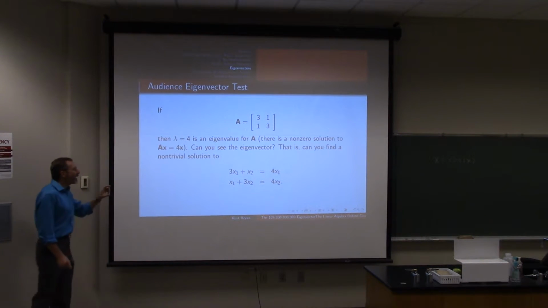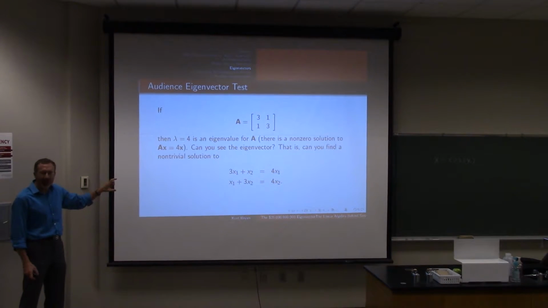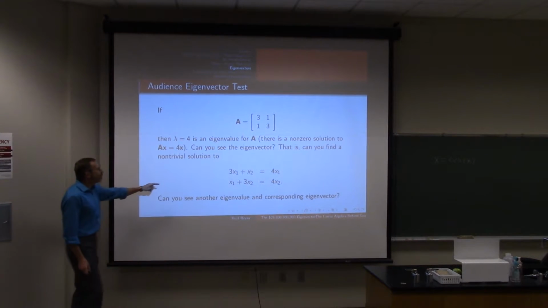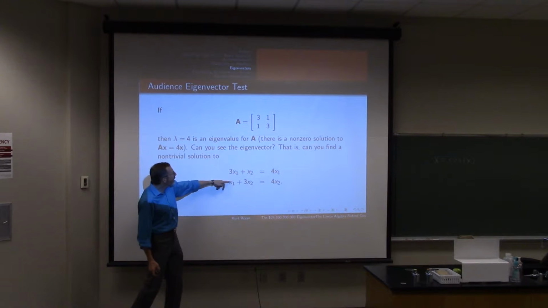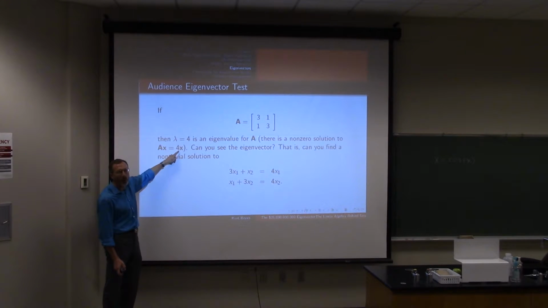All you need here is that x1 equals x2, and you have a solution to that equation. So the vector with x1 equals 1, x2 equals 1 would be an eigenvector for this matrix with eigenvalue 4.